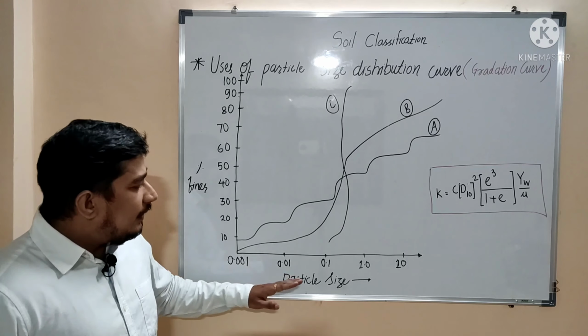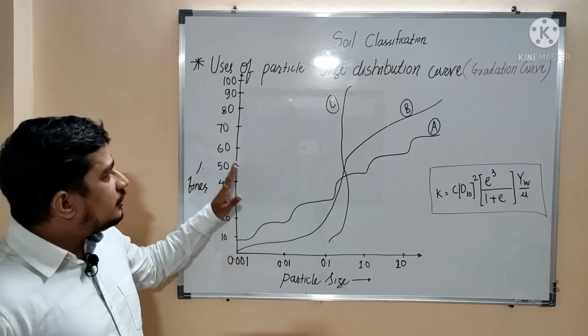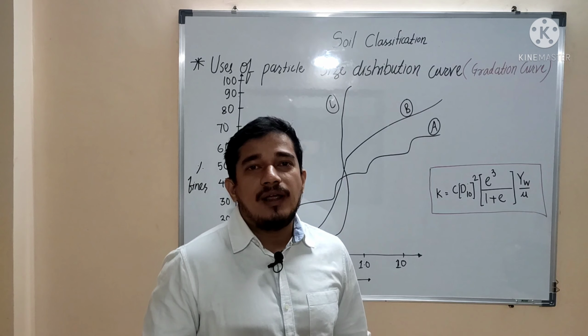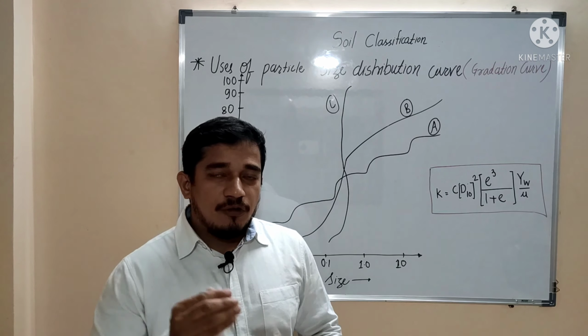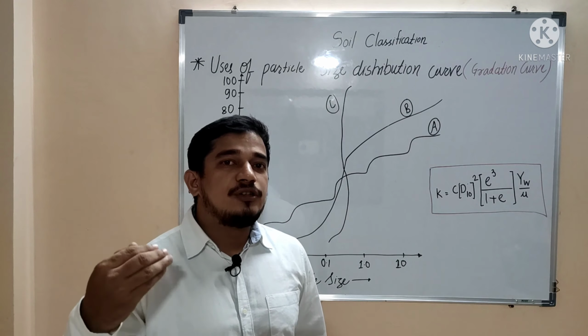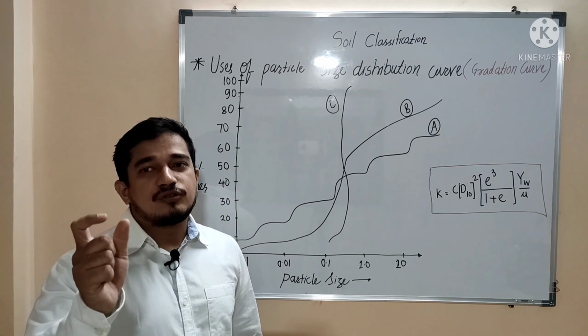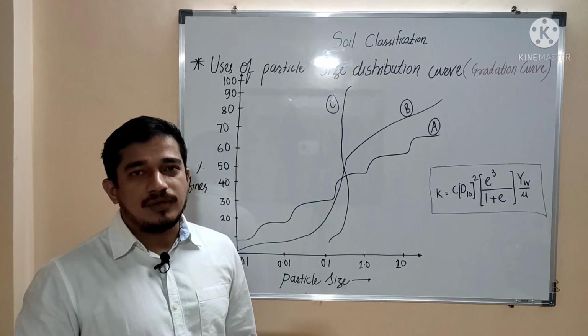So depending on this particle size distribution curve for particular soil, we will derive two parameters. Okay, that are nothing but the coefficient of uniformity and coefficient of curvature. When we say coefficient of uniformity, it indicates within the soil mass what is the uniformity of the soil particles. It means what is the same size of the soil particles within the soil mass. Okay, that is indicated by coefficient of uniformity.